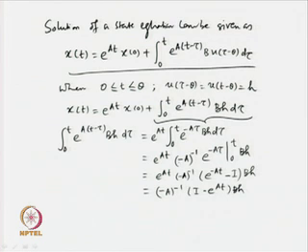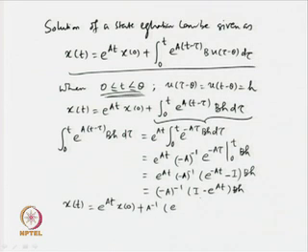So, finally, I can write the solution to the state equation for the time range t between 0 to theta as x t is equal to e to the power a t x 0, then plus a inverse e to the power a t minus I, b h.